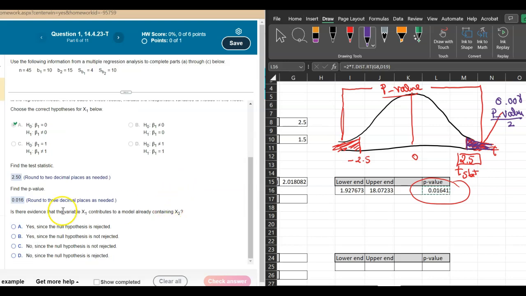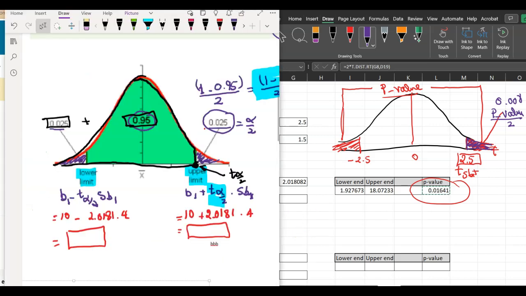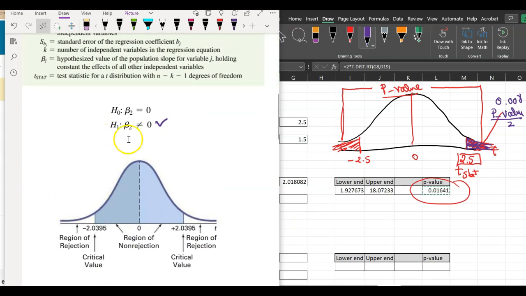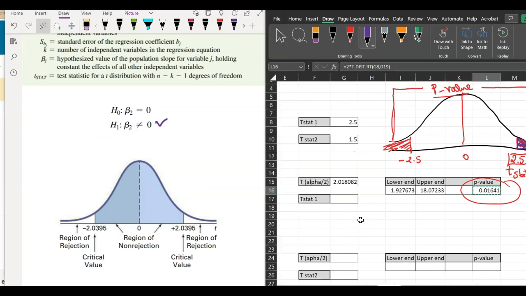Okay, so now it's asking you whether you're going to accept or reject. So we are going back to this null hypothesis and we're going to make a decision, right? Whether the value b1 is going to be different than 0 or not.